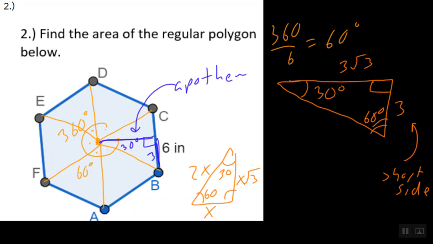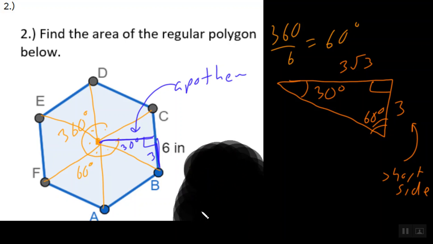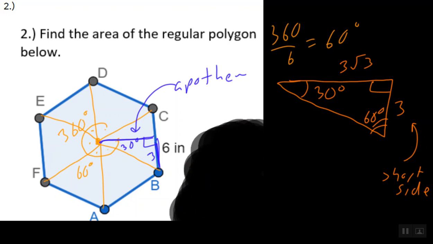Alright, how is this helpful to us? Well, now that we know the apothem, we can actually find the area. The area of a regular polygon, so I'll just write area regular, is going to equal 1/2 the apothem times the perimeter.